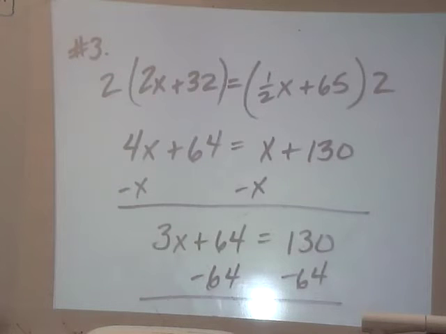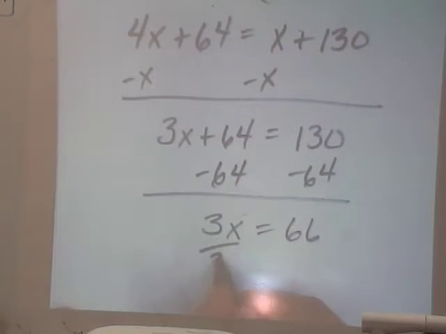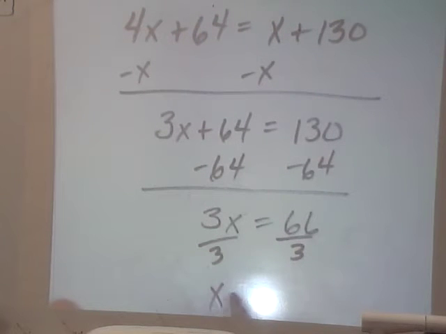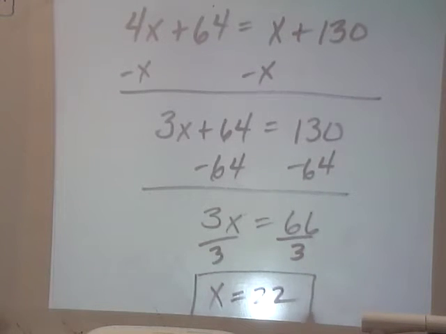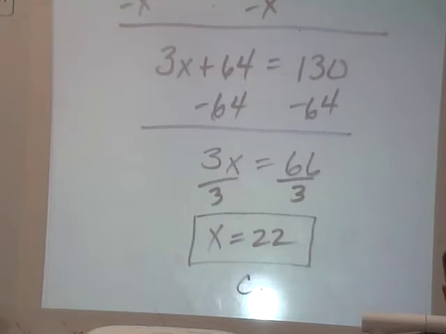So 3x equals 66. Divided by 3, x equals 22. Now they want us to find x. Okay, so we're done. That's C. Questions? Good? All right, number 4.